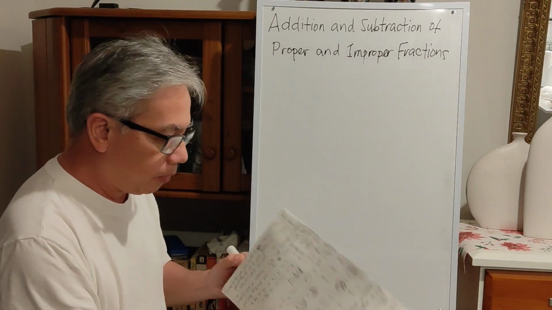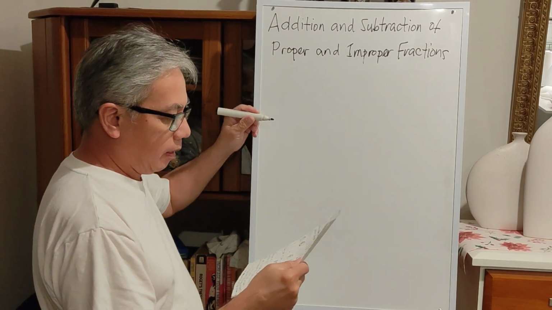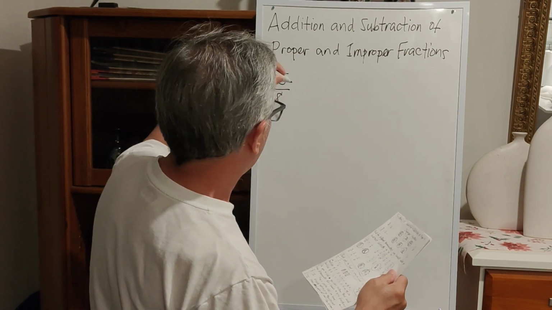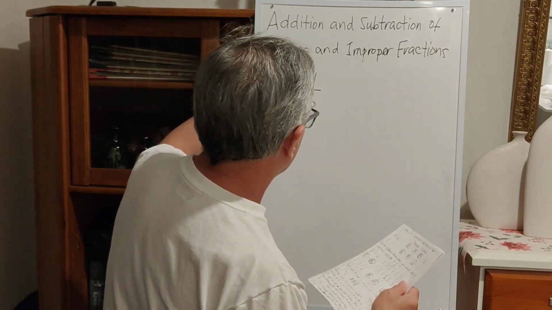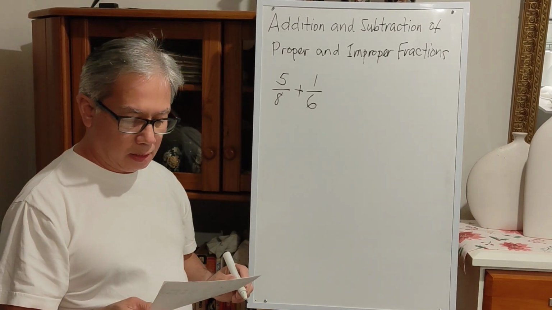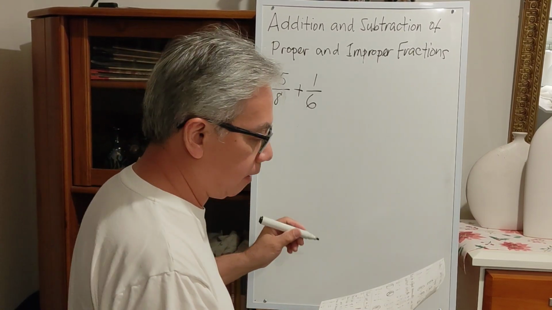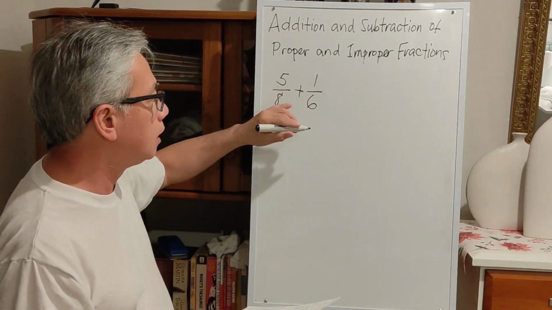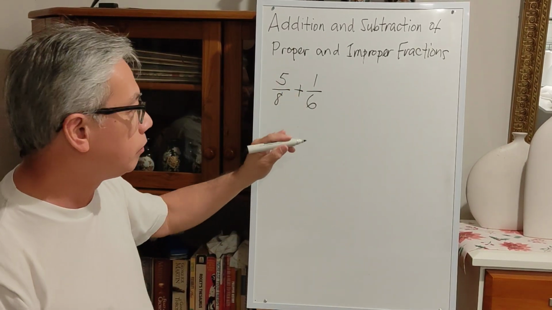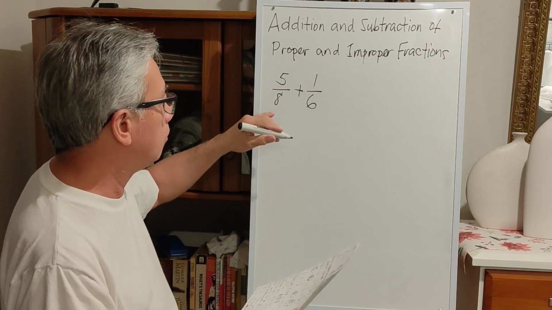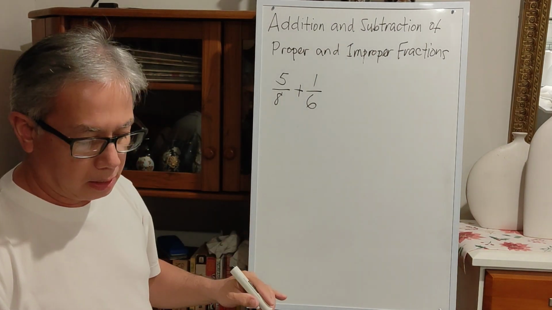So for example, we have 5/8 and 1/6. So if we want to add 5/8 and 1/6, we don't need the numerator, we just want to have the multiples of 8 and 6.